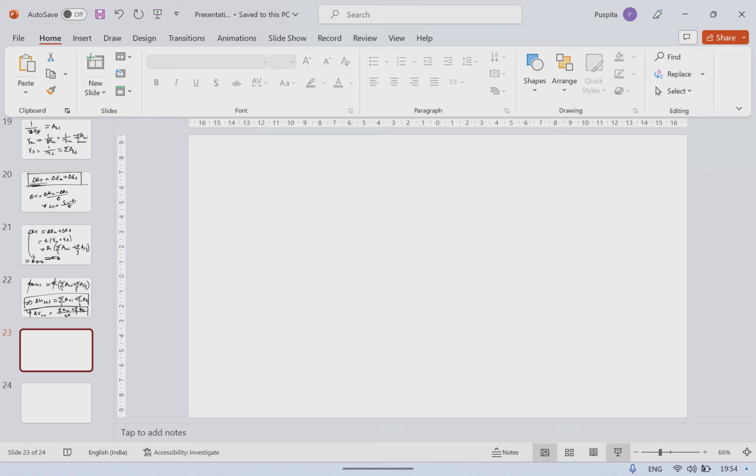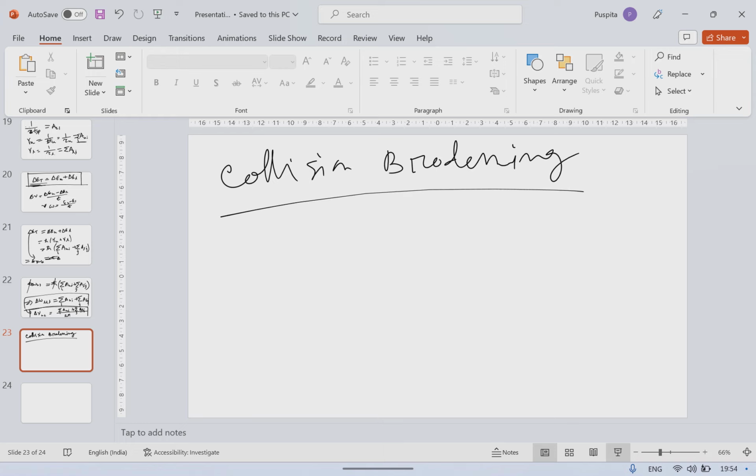This expression will look different from the classical expression, but it is the same. Now we can go into another broadening mechanism, like collision broadening. So when does collision broadening happen? When an atom which is emitting radiation collides with another atom.